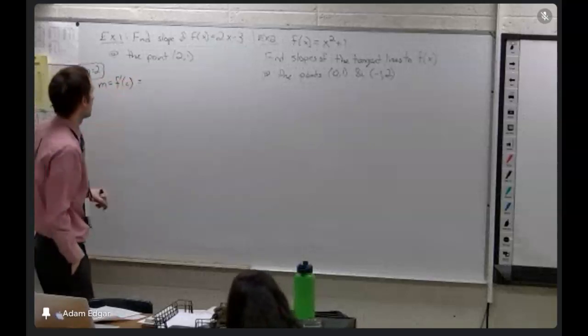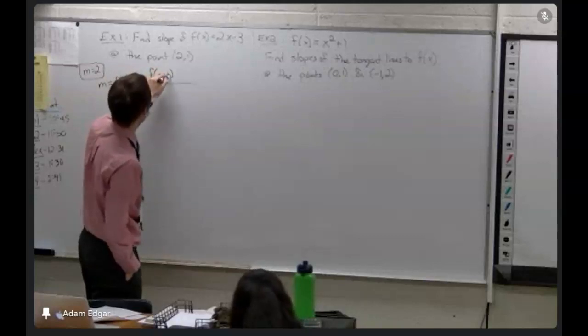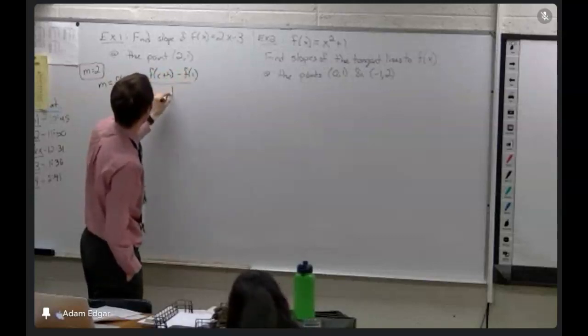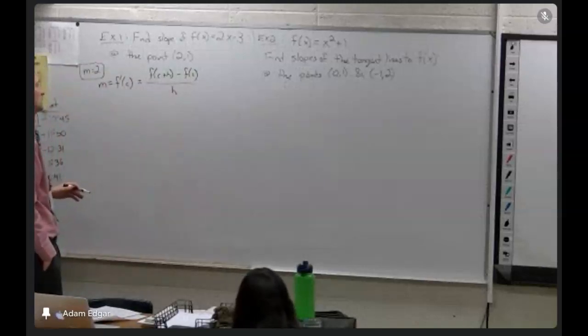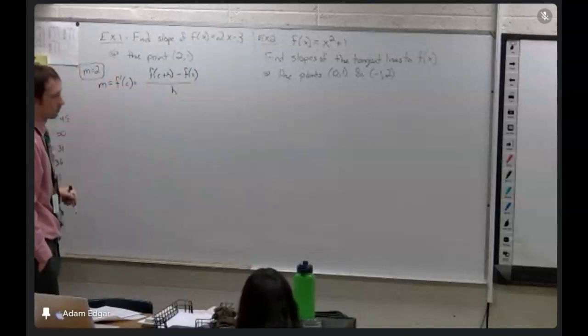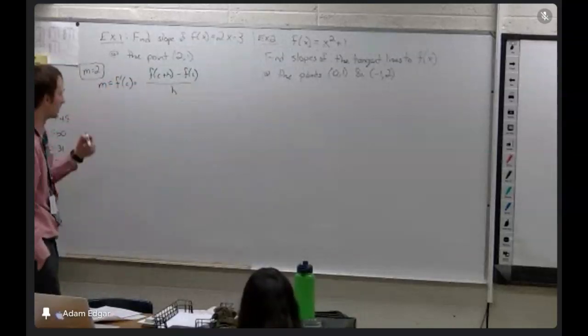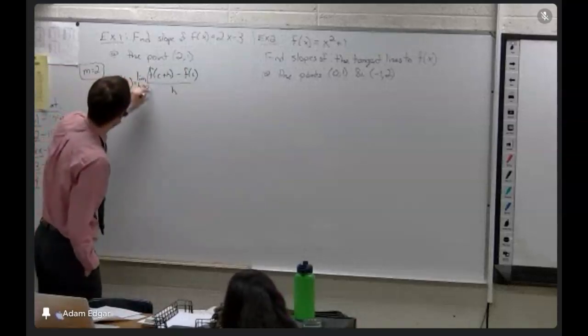And the slope formula is f of c plus h minus f of c, all over h. Oh, I forgot something. What did I forget? What's missing here? The limit. So the limit as h goes to 0 of that whole thing.